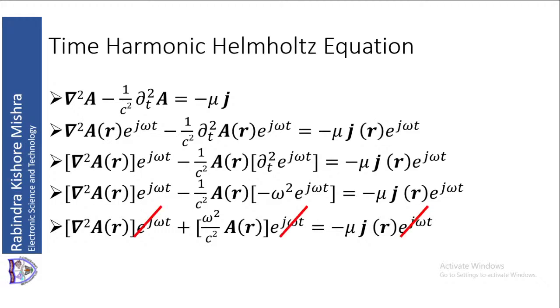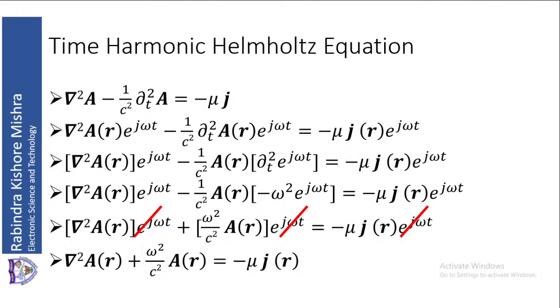Now look at both the sides. On both the sides we have exponential j omega t, and exponential j omega t is not 0, so that will cancel out. This leaves us with del square A(R) plus omega square by c square A(R) is equal to minus mu J(R).